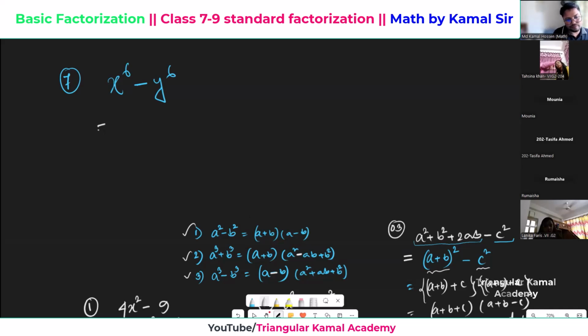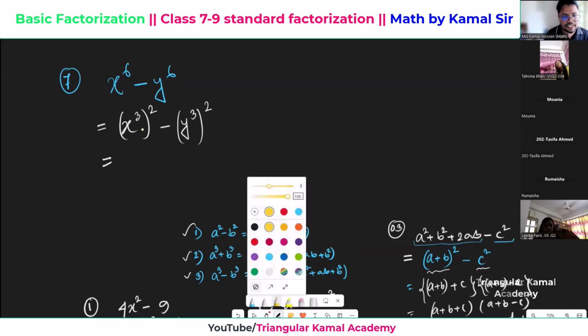Okay, step 1. x to the power 6 means x cube whole square, and y to the power 6 in the same format, y cube whole square. So here 3 multiplied to 3 is 6 and 3 to 6. Now which formula we can apply? A square minus b square.